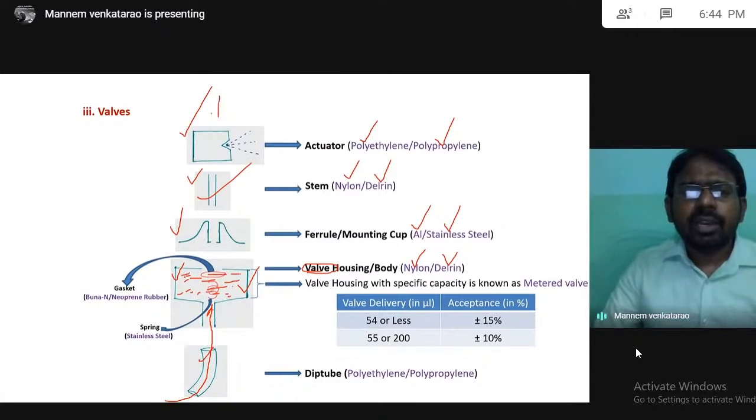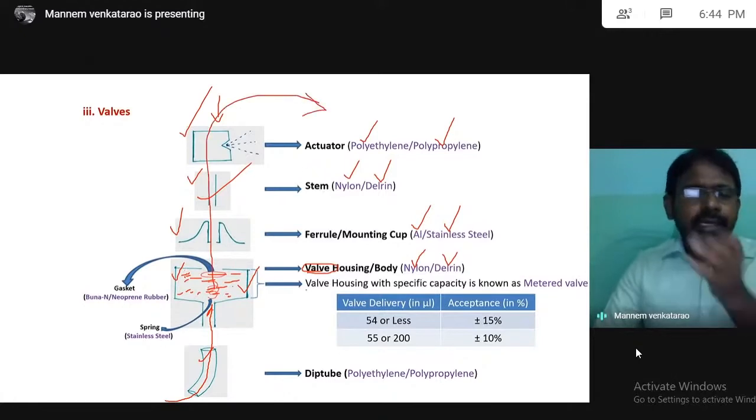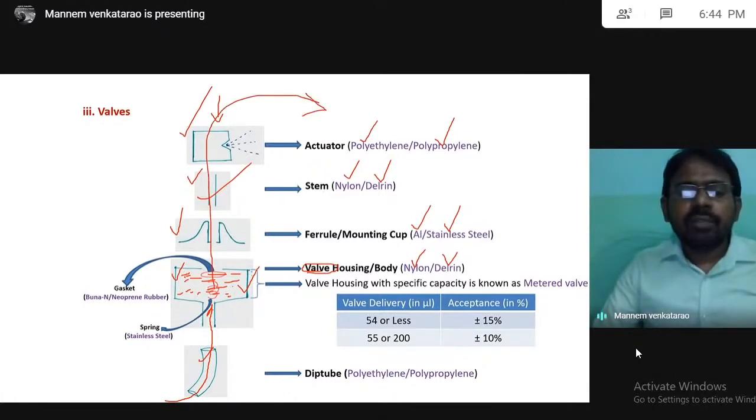Upon pressing the activator, the product present in this chamber is entirely ejected. That's why this chamber has a specific volume. For example, if it is marked as 100 microliter, it can accommodate only 100 microliter of liquid. Upon pressing, only that 100 microliter is ejected.